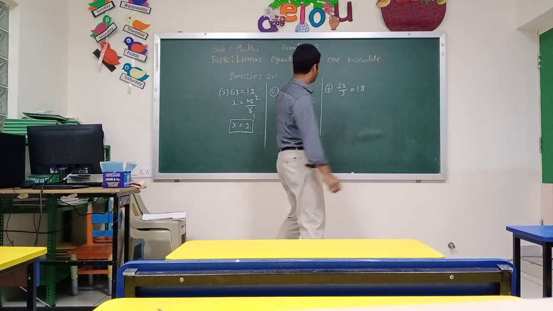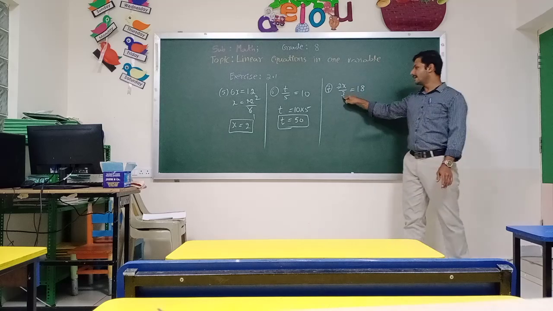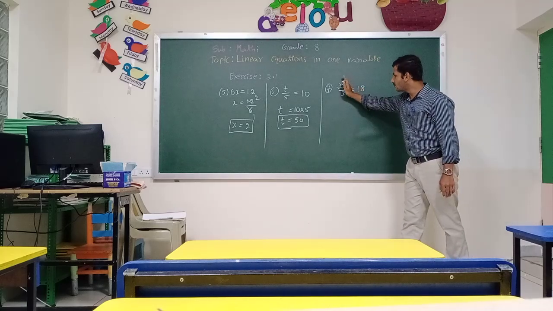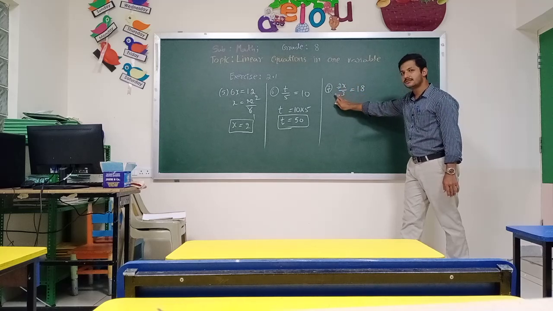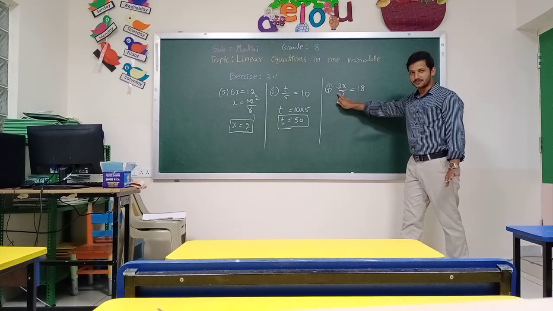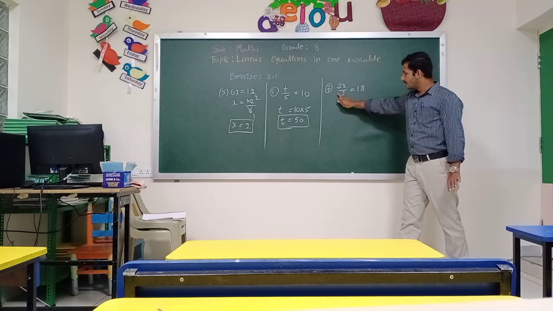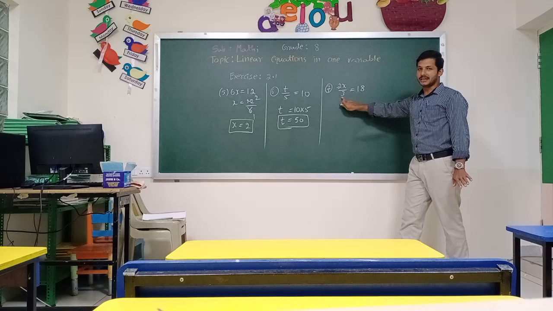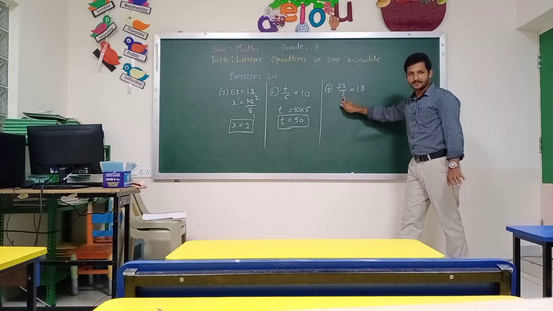Seventh one now: 2x by 3 equal to 18. Here also we have a variable, we have a numerator, we have a denominator. Now what should we do? First let us transfer 3, which is in the denominator. So 3 is under division, right?